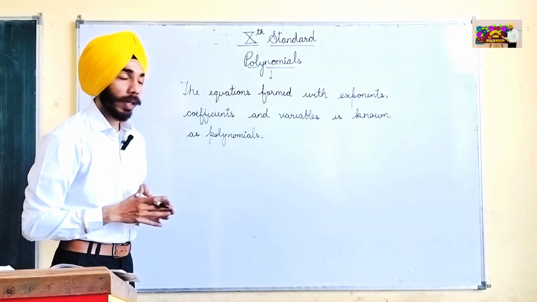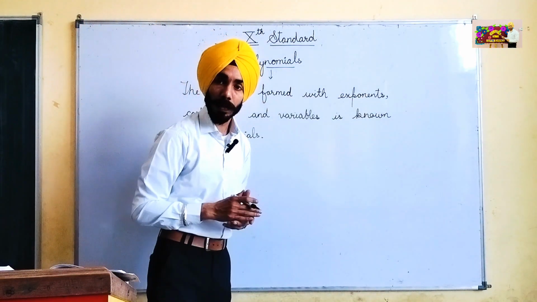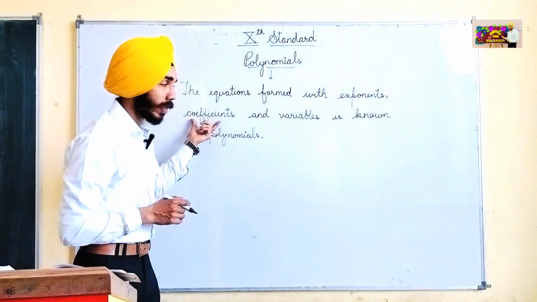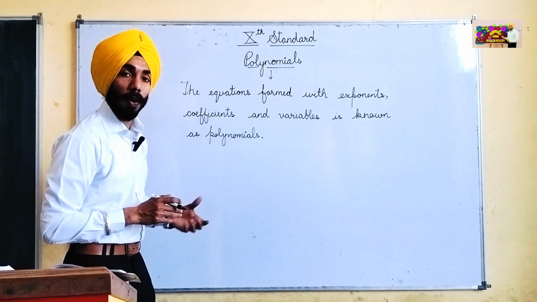I repeat, the equations formed with exponents, coefficients and variables is known as polynomial.